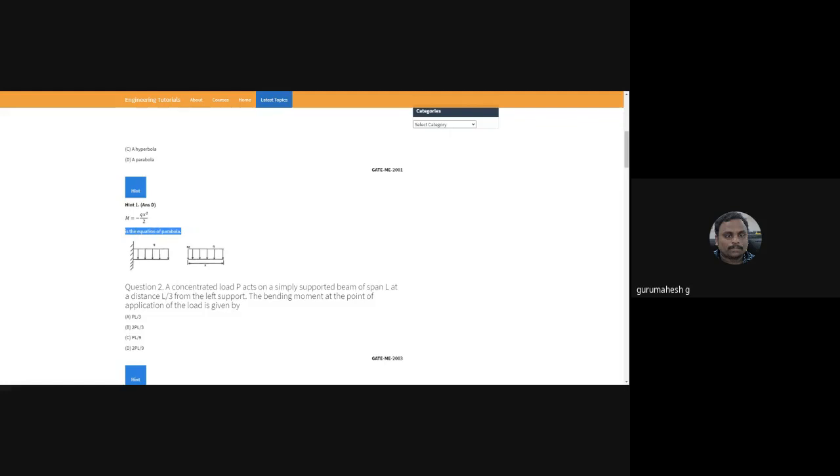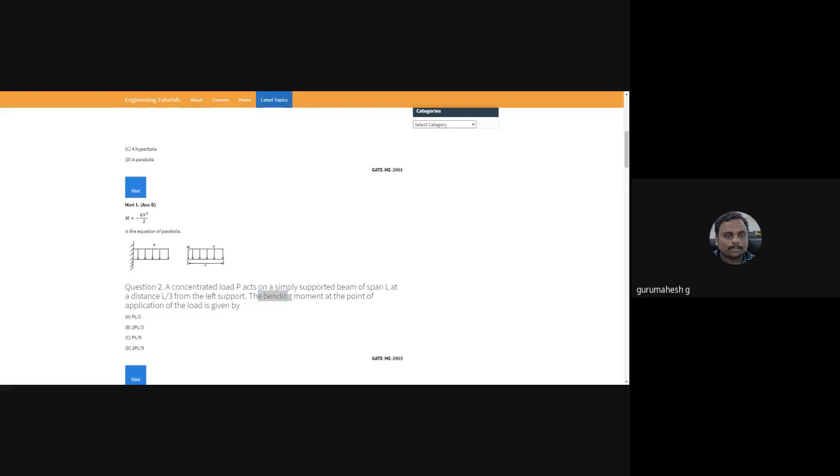Next, question 2. A concentrated load P is acting on a simply supported beam of span length L at a distance of L by 3 from the left support. The bending moment at the point of application of the load is given by. In this problem, a concentrated load P acts on a simply supported beam of span L at a distance of L by 3 from the left support. So once again we'll see.